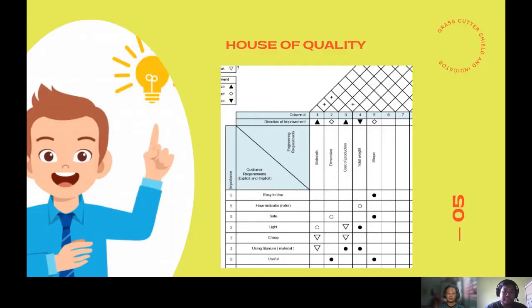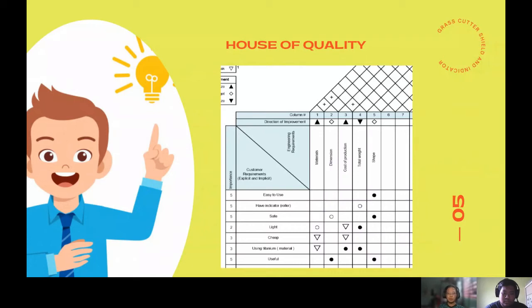Next, the house of quality. By doing the survey, we listed the main requirements requested by the customers, or respondents. They listed what they need in the product. There are five things they want: easy to use with an indicator, roller, safe, light, cheap and using titanium material, and lastly useful.